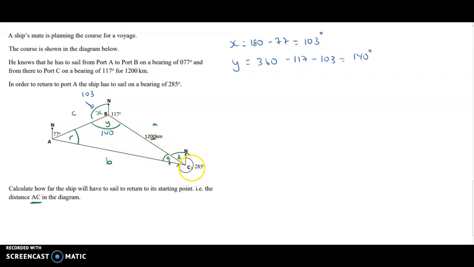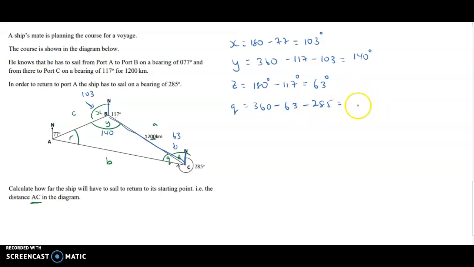So that's really good. Now, let me apply the same rule here, right, with interior angles here now with 117 and Z. So Z will then be 180 minus 117. So that gives me 63 degrees here for Z. So if this is 63, then Q will be 360 minus 63 minus 285.